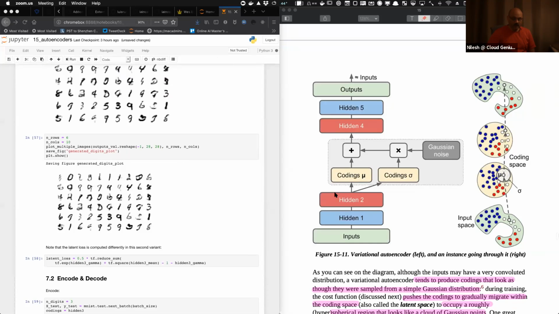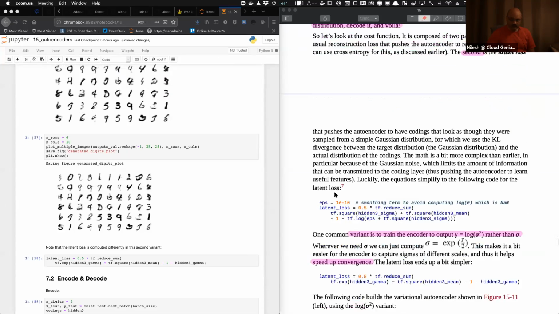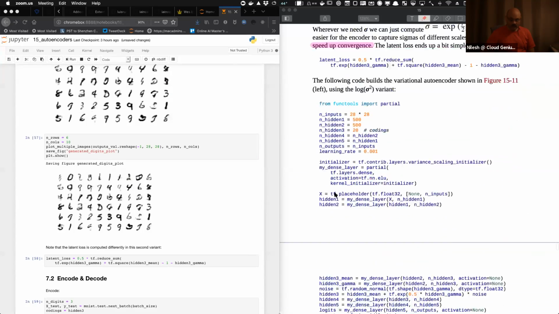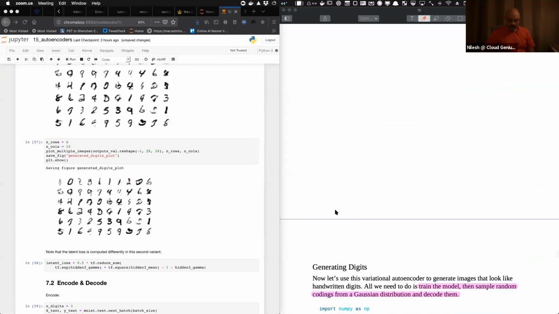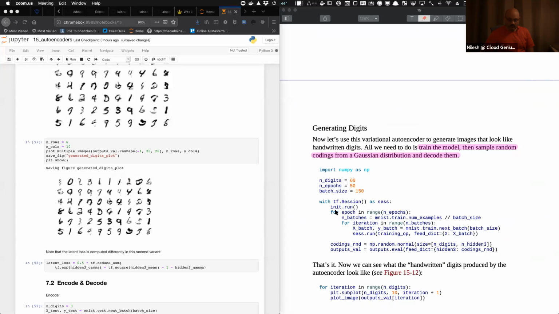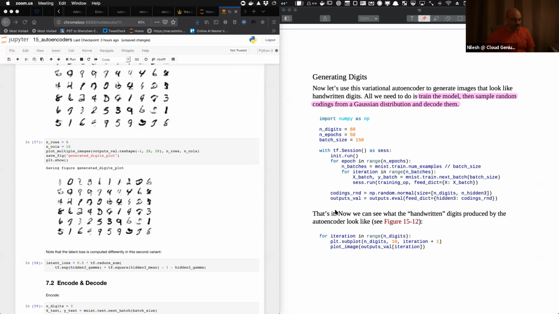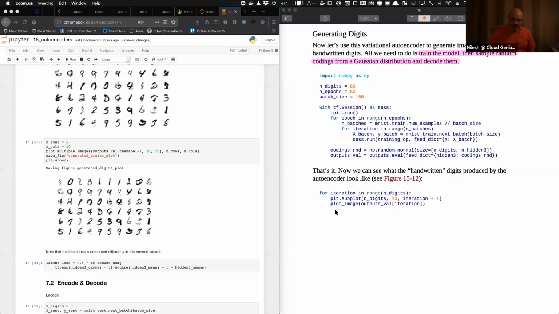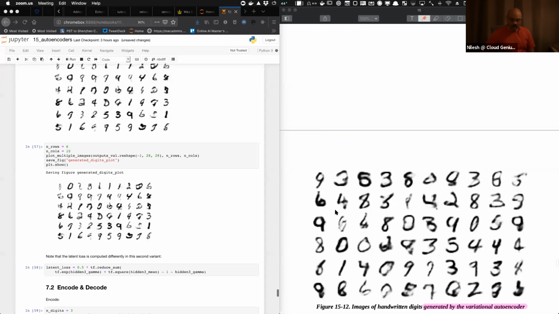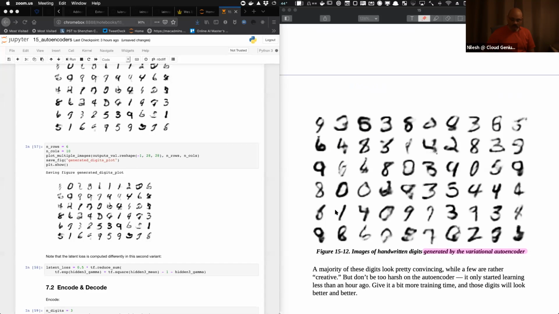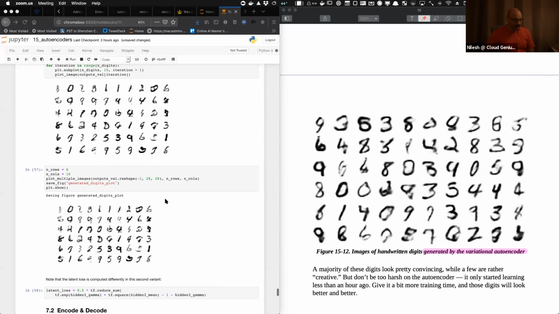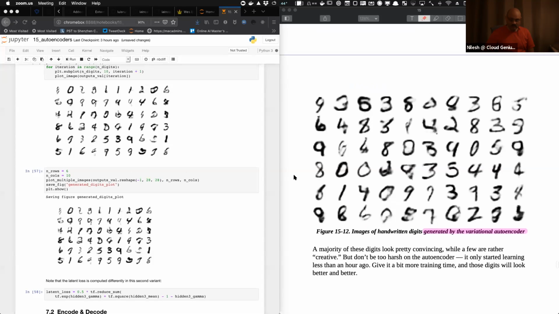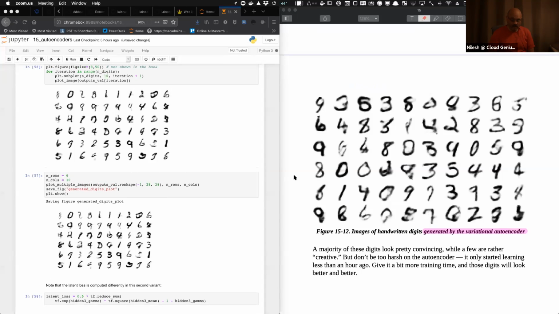You can see that the output this thing produces kind of looks like somebody wrote it by hand. Even here, you see the output in the book on the right side, which is a sample image or set of images generated by a variational autoencoder.